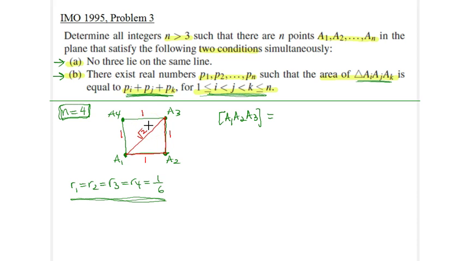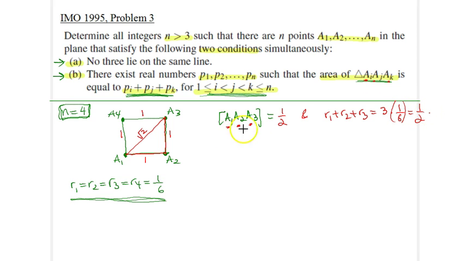Obviously the hypotenuse would be √2, and the area of this triangle is obviously 1/2, but at the same time we know that r1, r2, r3, these are the ones associated with it. So r1 plus r2 plus r3 is simply 3 times 1/6, which is again 1/2.